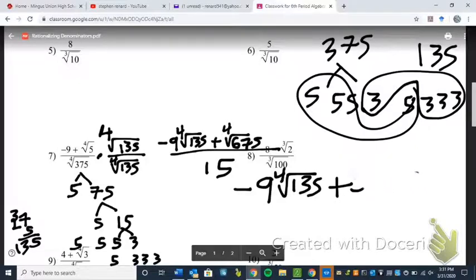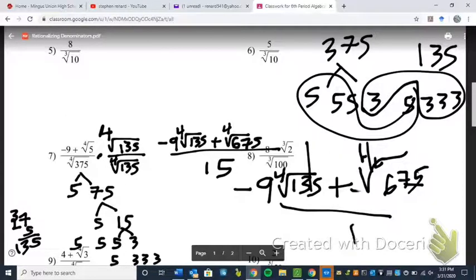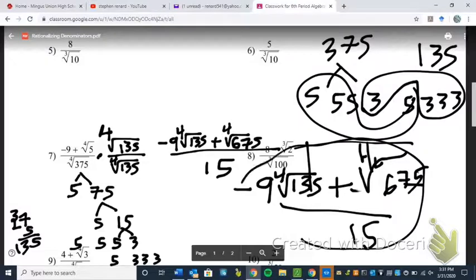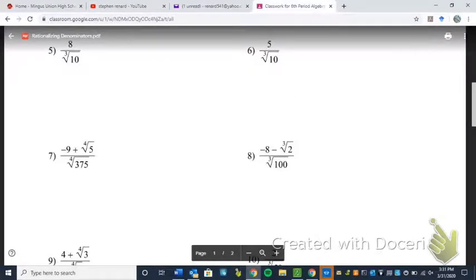That's just the 4th root of 675. I did not do a very good job. See, I needed the math practice too. Put all that over 15. And that's your answer. I don't know why it's not letting me circle. Okay. Now quick, go on to the next page before anyone sees what an atrocity that is.